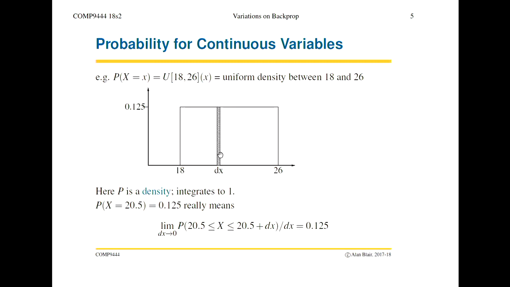So it's always about the probability of it being in a little range like this. Some people are surprised when they see a number bigger than 1 here. But if you had a number uniformly distributed between 18 and 18.5, then this number would be 2. That doesn't mean that the probability is equal to 2. The probability is always, you have to multiply by this dx in order to get an actual probability.